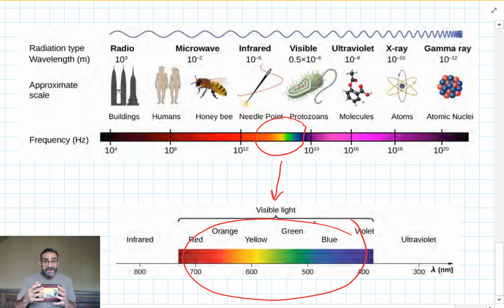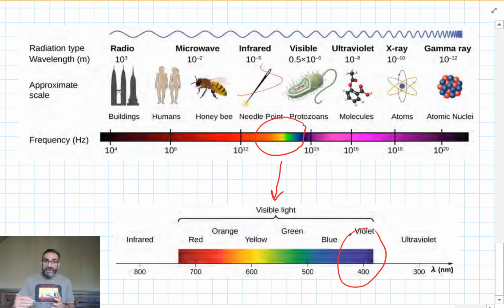So all the colors of visible light together make white light, so it glows white hot. And if you could heat it up some more, it would eventually glow in the blue and violet part of the spectrum. And if you could heat it up some more, it would be giving off mostly ultraviolet radiation, and then X-rays, and then gamma rays.